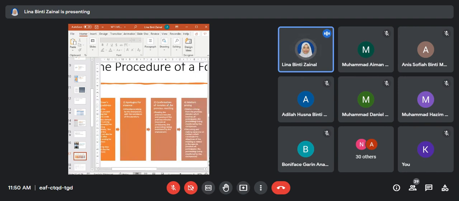Third one is confirmation of minutes of the previous meeting, where you read the previous minutes and pass the previous minutes. Just like I mentioned earlier, if it is a second meeting and so on and so forth, then you'll have this part. If not, you don't have.